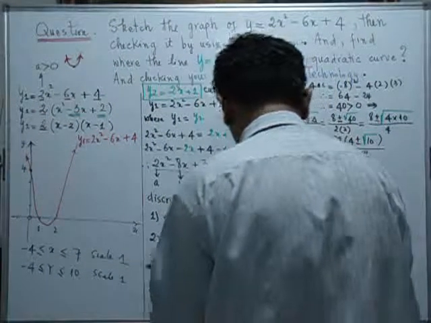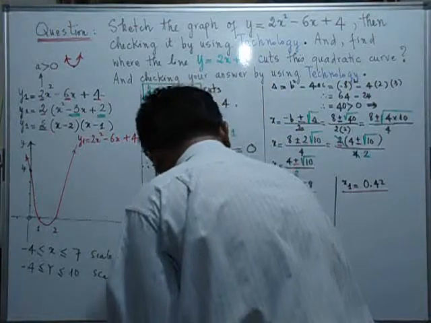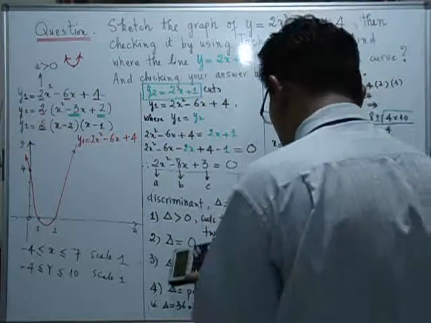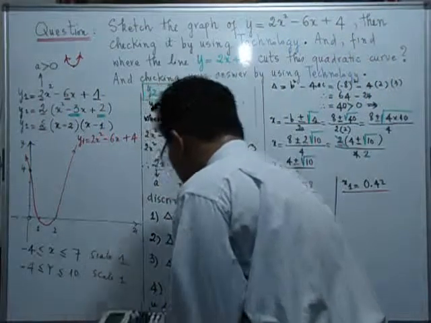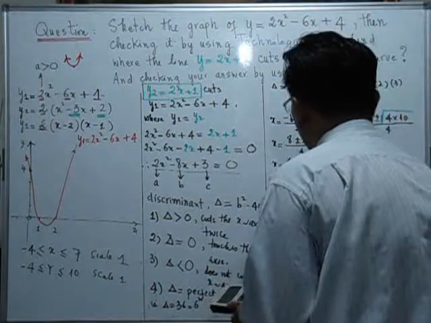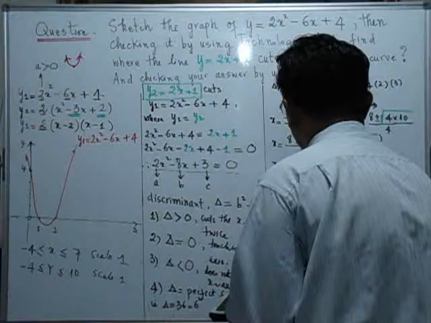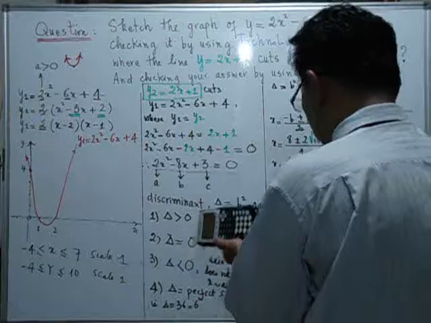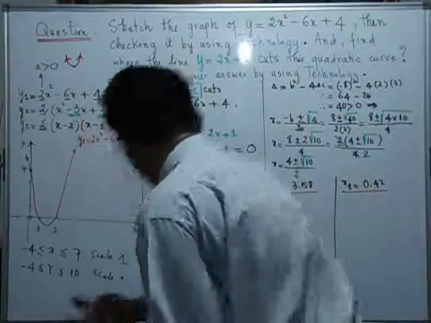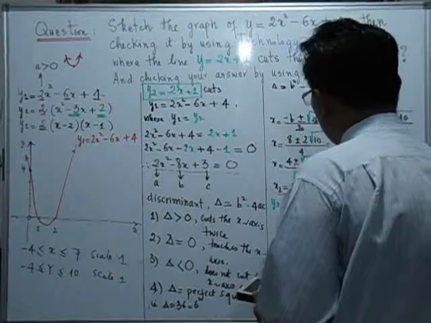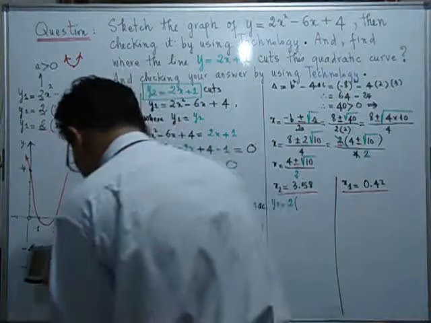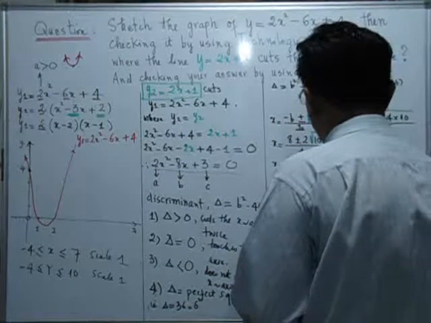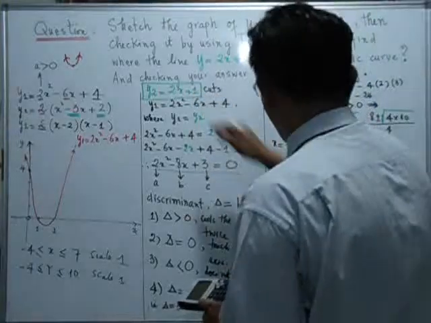Then we have y2 equals 2x plus 1, where x is this number, 3.58.